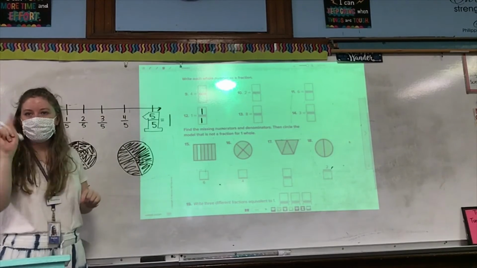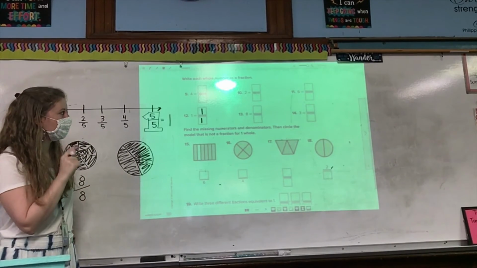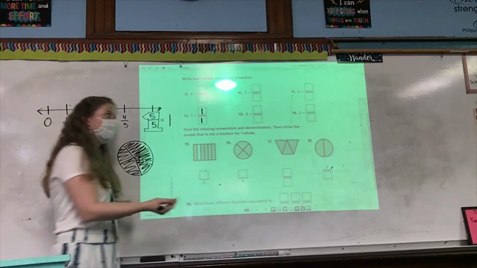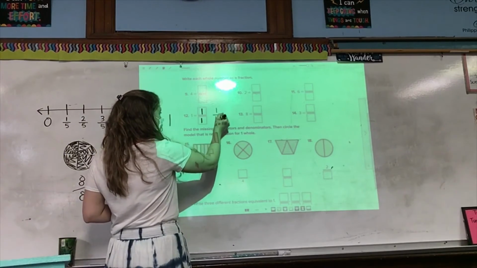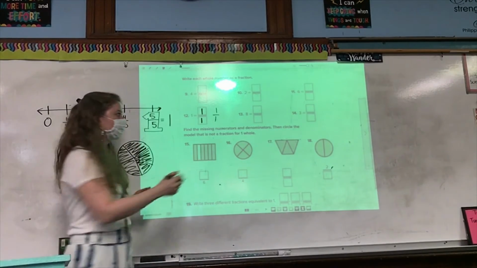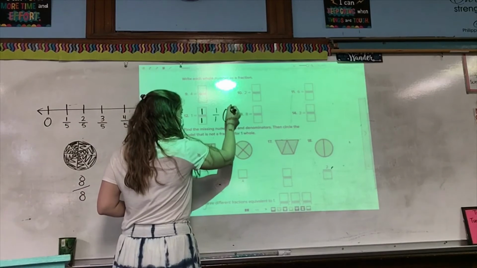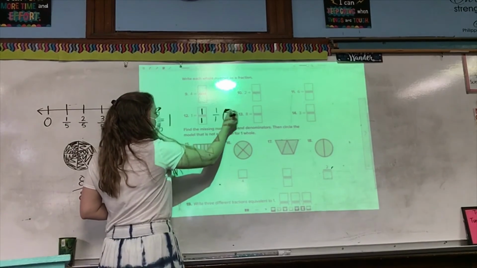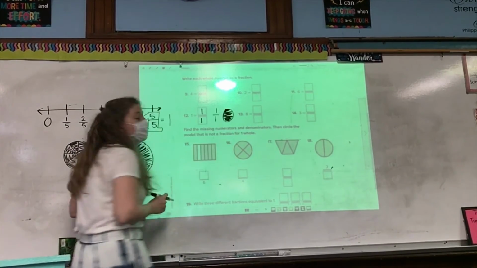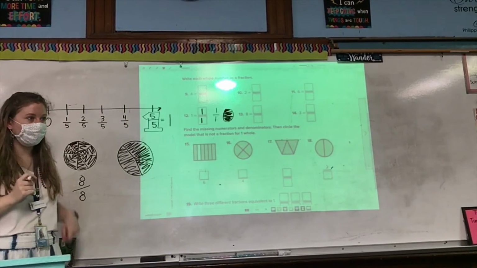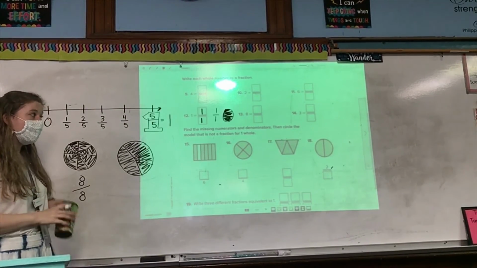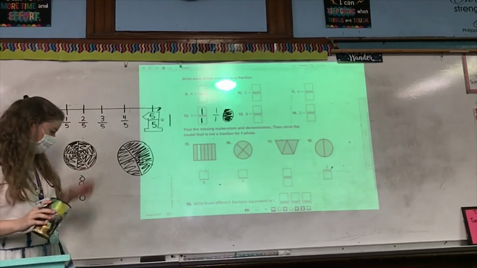Now, we're not going to do what I did on numbers 9, 10, and 11, because this would still be the same. We have one whole piece. It's broken into one piece, and that one piece is shaded. It's the same. But number 13 is where that changes.